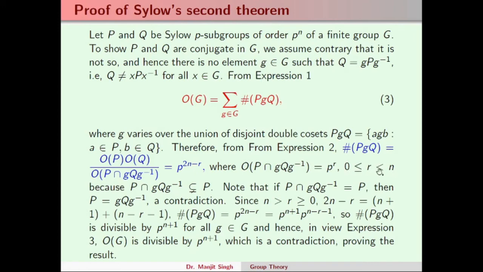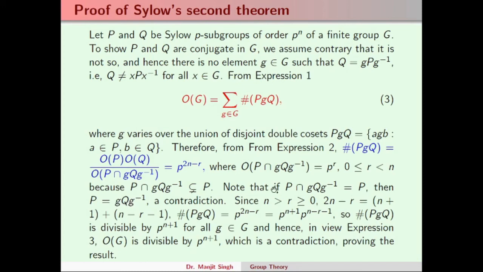We know that this is not equal to P. If you take P equal to gQg inverse, then you know that its intersection will be P. So gQg inverse will be P, and therefore P will be a conjugate of Q, or you can say P is a conjugate of P.